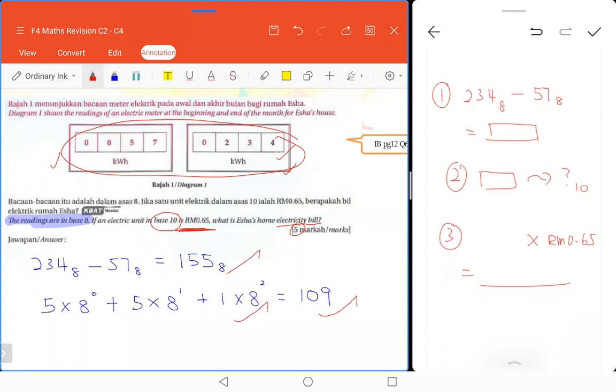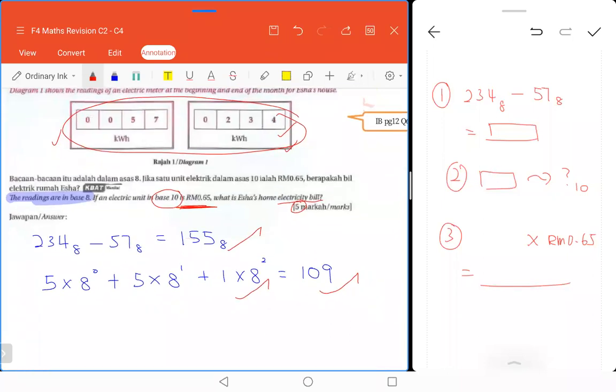So you have 3 marks already. Then proceed with times 109 times RM0.65 equal to the answer, 70 ringgit 85 cents. Now you can calculate how many marks you have.